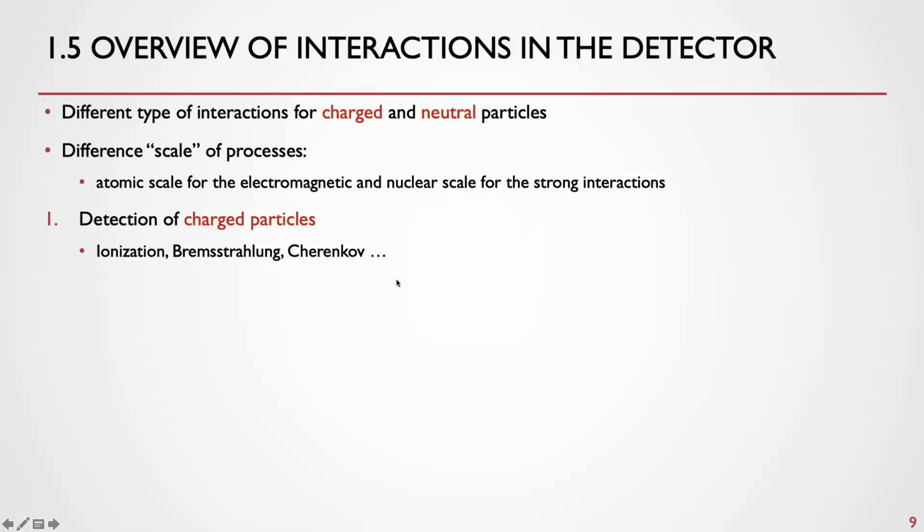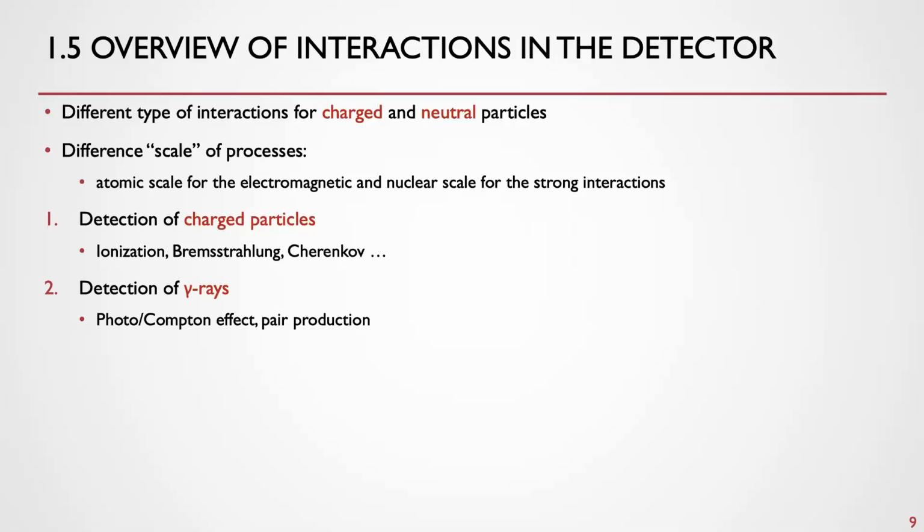Then there is Cherenkov radiation, which is emitted in case the speed of light in the material is lower than the speed of the particle in that material. You know that the speed of light in material is lower than the speed of light in the vacuum. In case the speed of the particle exceeds that limit, a shock wave of light is emitted called Cherenkov radiation.